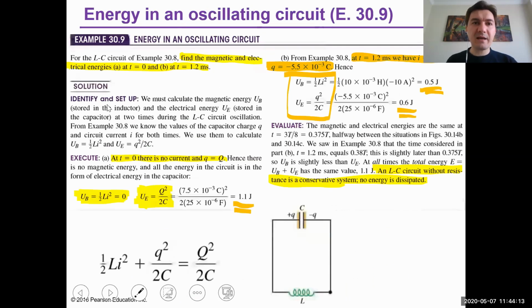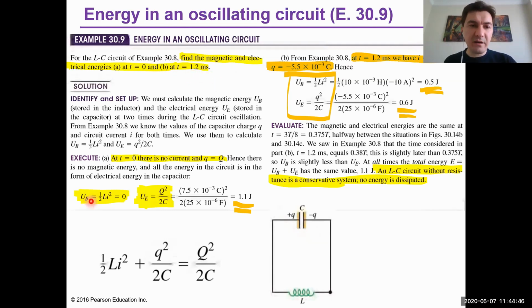Okay, then let me continue about the energy in an oscillating circuit. Here again, we have the same circuit, LC circuit. And the question asks, find the magnetic and electrical energies when the time is 0 and at time is equal to 1.2 millisecond.